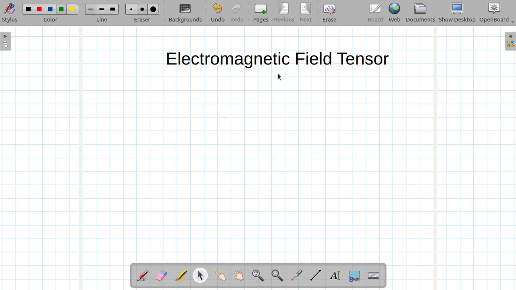So electromagnetic fields can be written in terms of potential, as shown below.